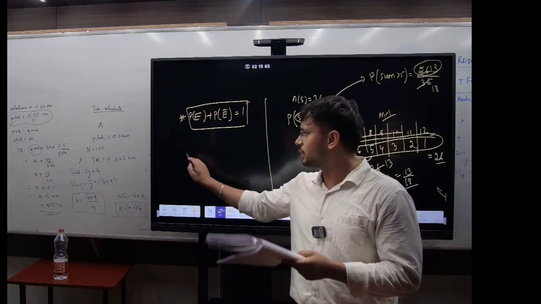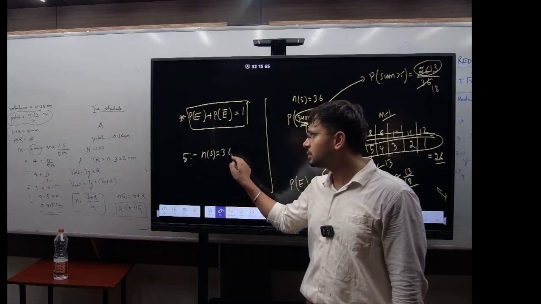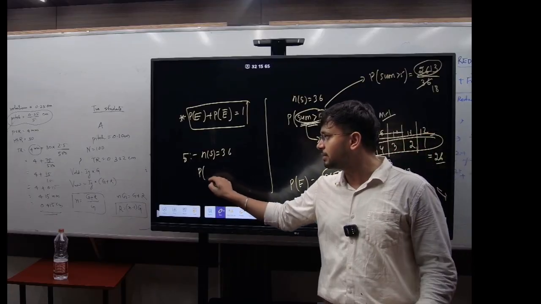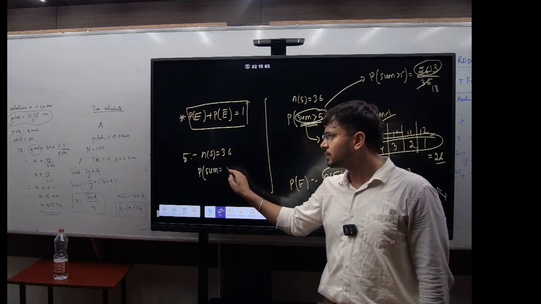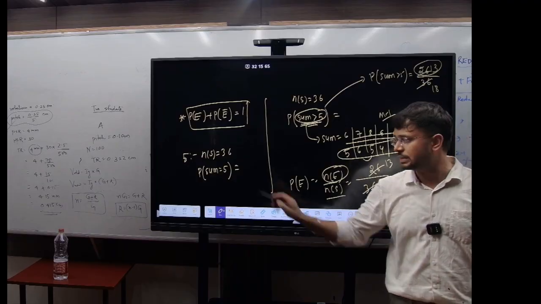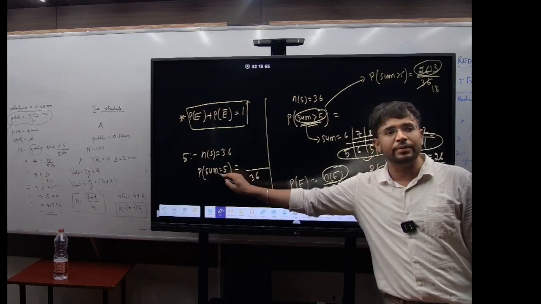Now see the next question. That is easy. 2 dice are thrown. The sample space will be 36, 6 square. What is the probability that the sum is equal to 5? Out of 36, how many times will the sum be 5?